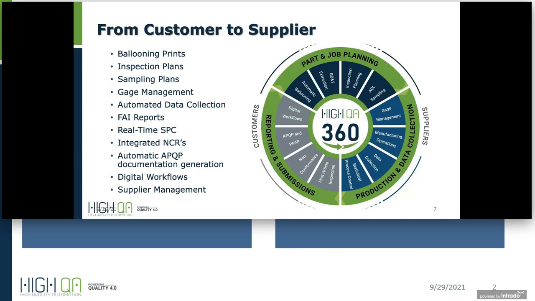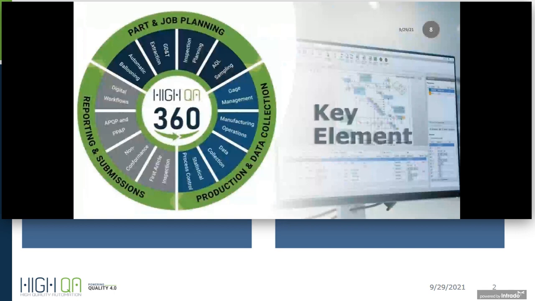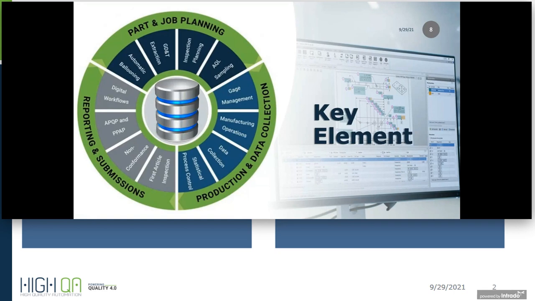So let's dig into it and talk about 360. HiQA 360 is a platform for quality management. At its core is the key element, the database. HiQA is a database-driven solution.